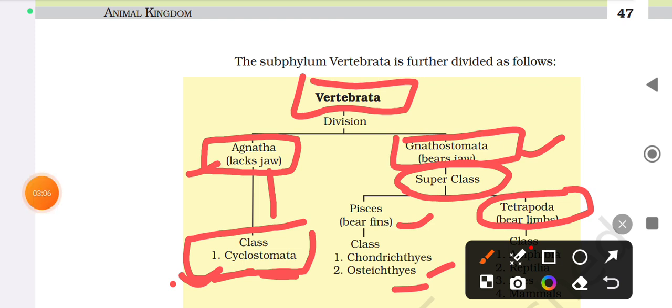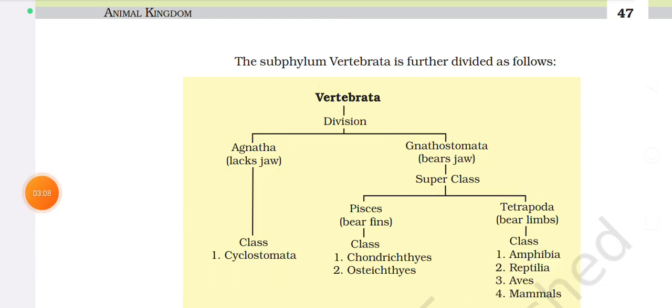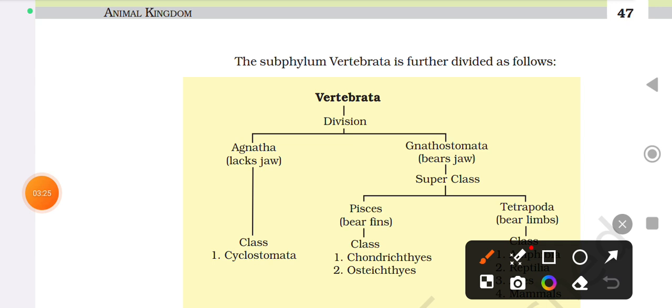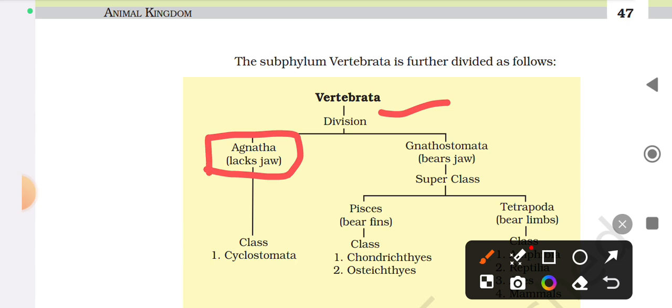Okay, and dear student, you see here that tetrapoda have four classes: amphibia, reptiles, aves and mammals. We learn each and every class one by one. So dear student, listen carefully. But firstly, you have to learn this complete flowchart.